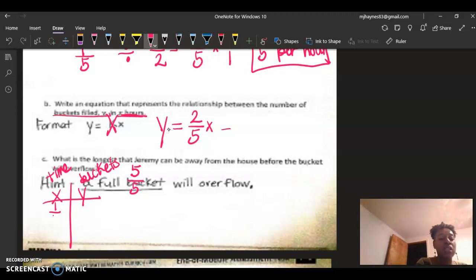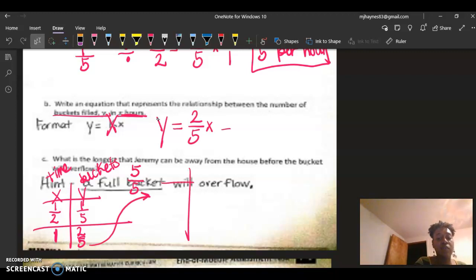All right, so in a half an hour, my bucket is 1/5 of the way full. Count by 1/2 for the hours, count by 1/5 for the buckets, but you've got to be able to visualize it. After 1 hour, it's 2/5 of the way full. If I add another half hour, at 1.5 hours, it's going to be 3/5 of the way full.